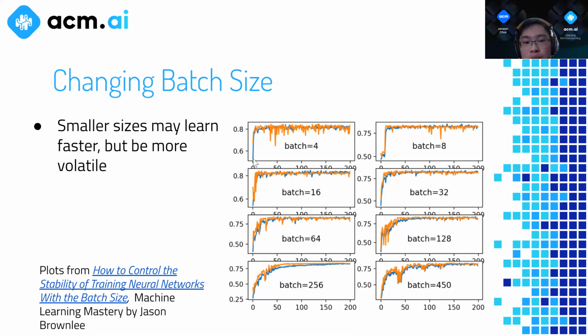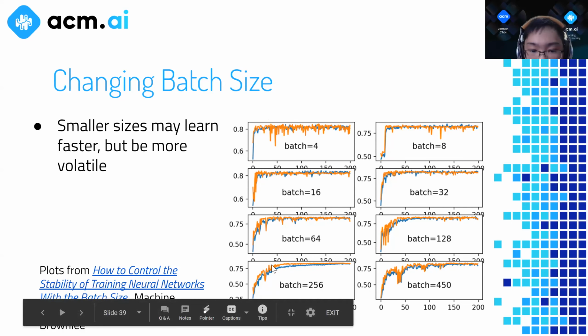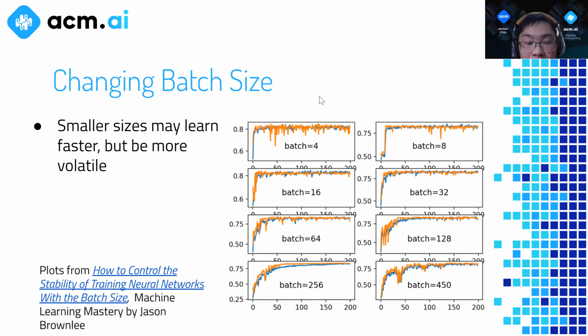For a batch size of 4, you can see the accuracy spikes up to 0.8 almost immediately, but then there are these jumps, it's really volatile because it goes up and down. But if you look at the graph for the batch size of 256, you can tell it learns a lot more slowly, but it's also more smooth. So that's the trade-off between having different batch sizes.